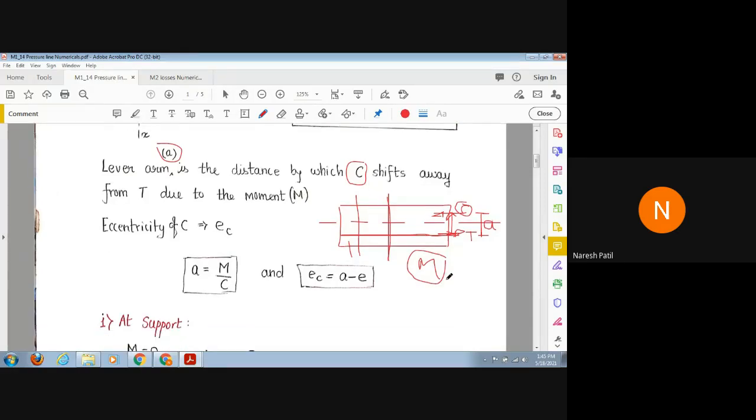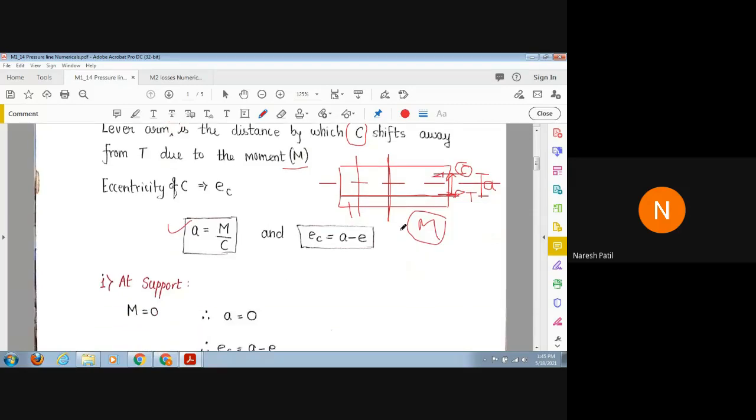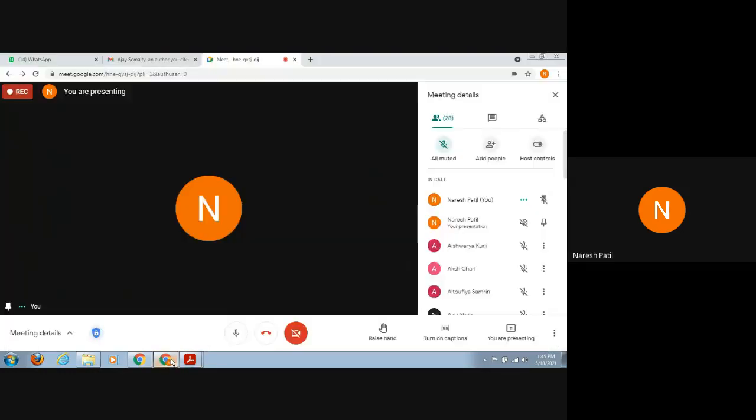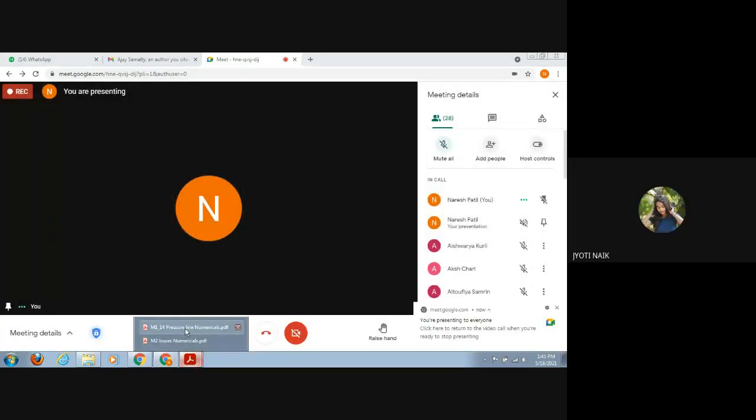How to get that now? With respect to moment, A is equal to M by C. What is the moment at any section? M is equal to C into A. Is it correct? Yes, sir.